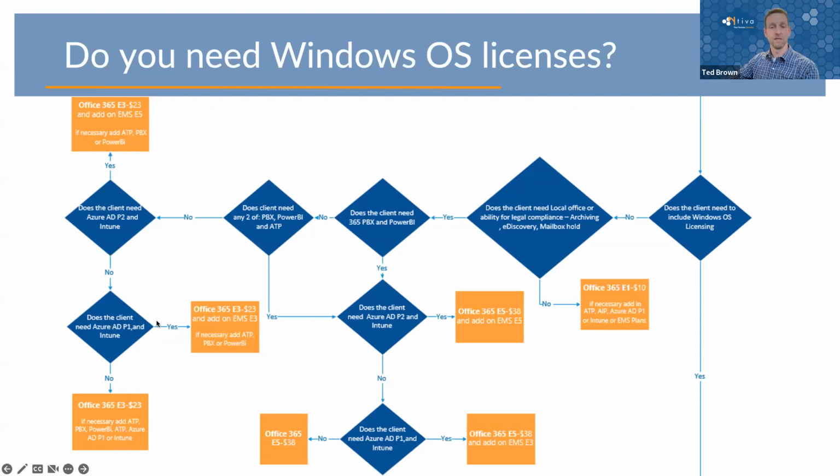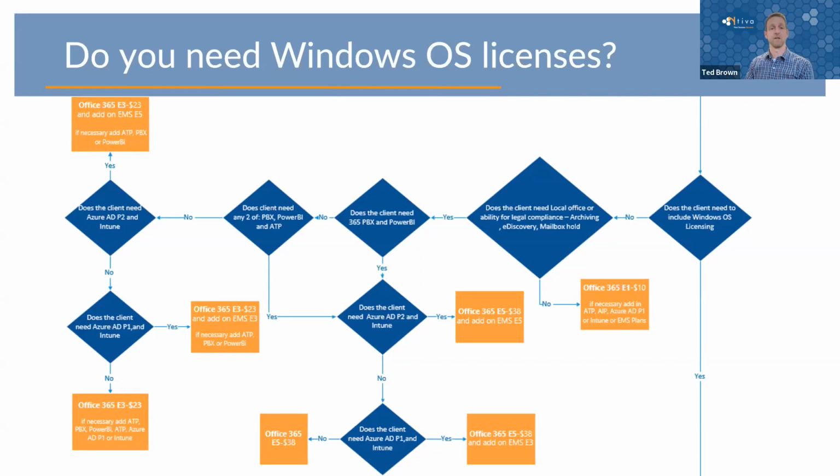Now, if you don't need any of that, you drop right down into these same questions. Does the client need Azure AD P1 and Intune? If so, you're going over to the Office 365 E3 plans and doing an add-on of EMS E3. If not, you don't need anything like that, and you're going straight to the Office 365 E3 plan for $23.